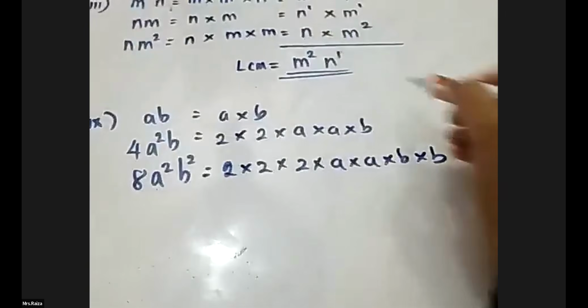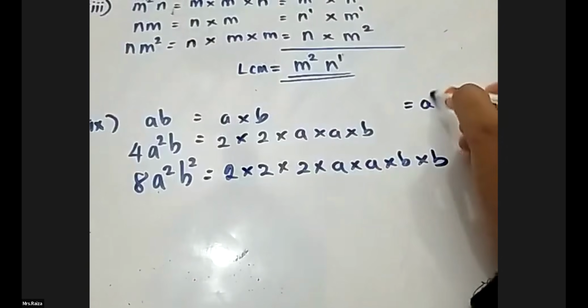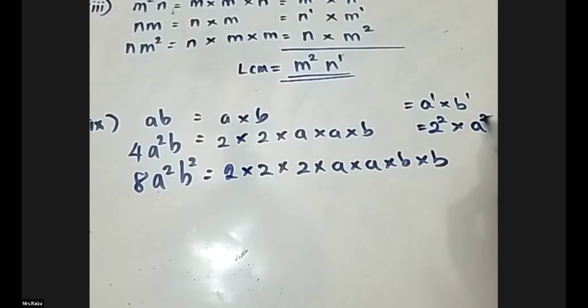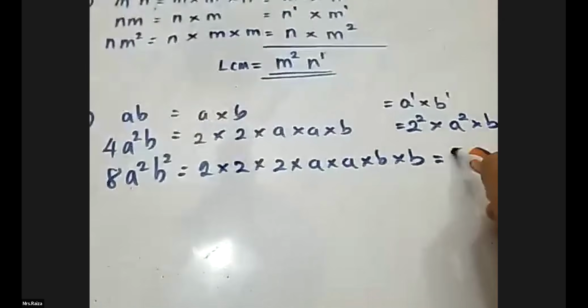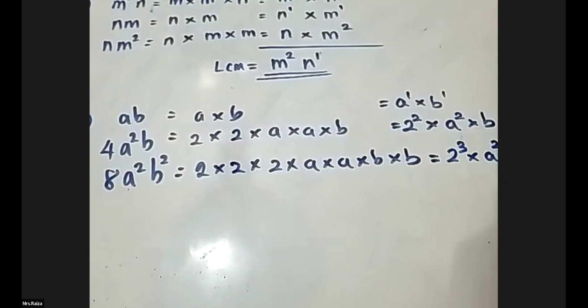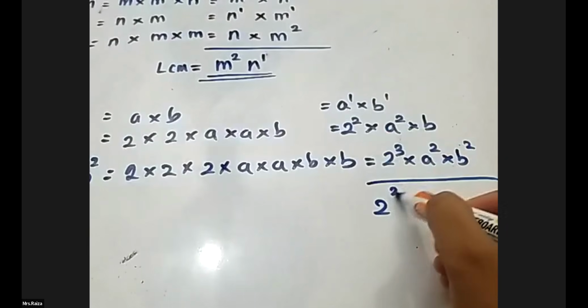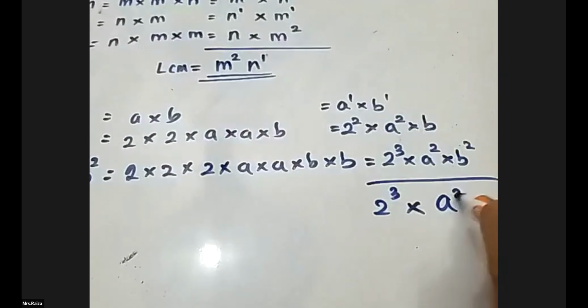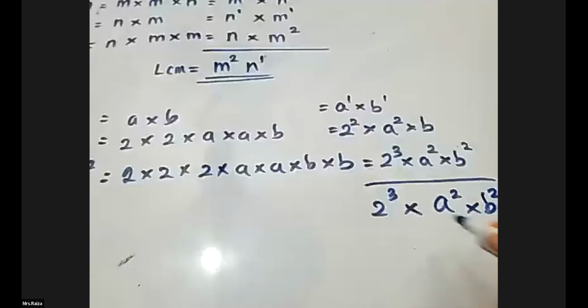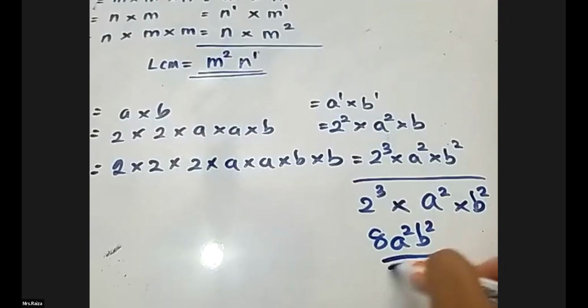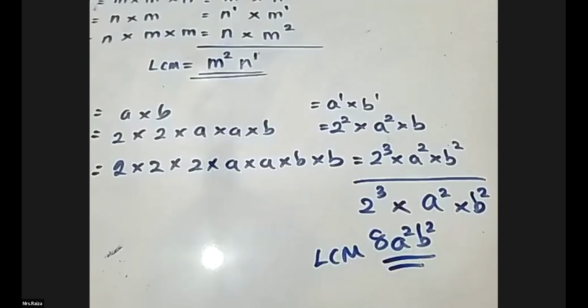Now, as powers, a to the power 1, b to the power 1, 2 to the power 2, a to the power 2, b to the power 1, 2 to the power 3, a to the power 2, b to the power 2. Highest factor of 2 is 2 to the power 3, of a is a to the power 2, of b is b to the power 2. You get 8a squared b squared as the LCM.